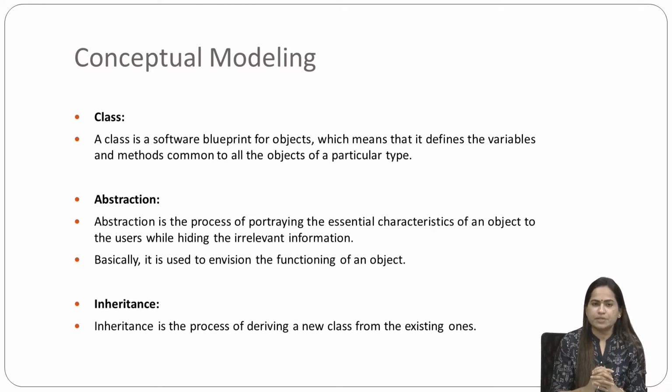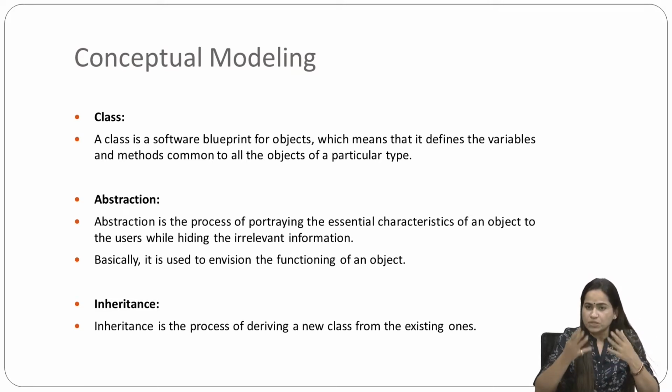Next one we have is abstraction. Abstraction is the process of portraying the essential characteristics of an object to the users while hiding the irrelevant information. Much information you will have is of no use. So what to do? Irrelevant information gets hidden with the help of abstraction.